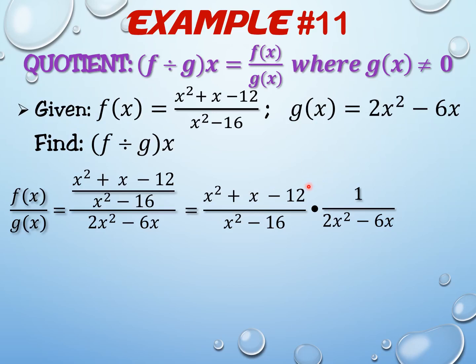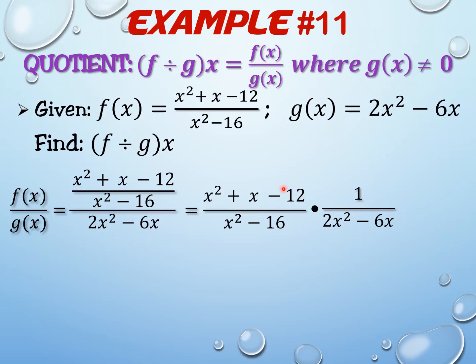So 4 times 3, that will be 12. And 4 minus 3 is 1. But you have to place the higher number in the positive binomial, since the middle term here is positive. Okay, so what will be our factors? Okay, correct. That will be x plus 4 and x minus 3.